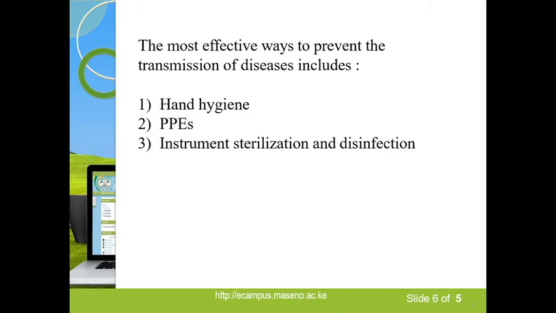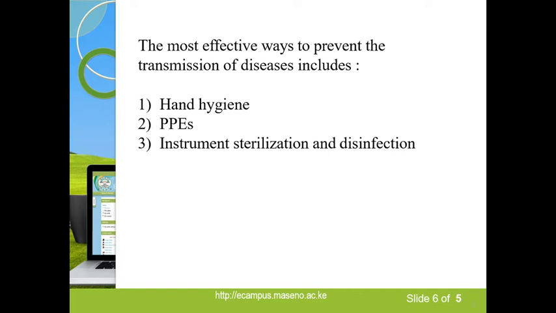And the most effective ways to prevent the transmission of diseases or infection, even in the dental unit, is hand hygiene, putting on protective gear, and sterilizing and disinfecting the instruments that are used.